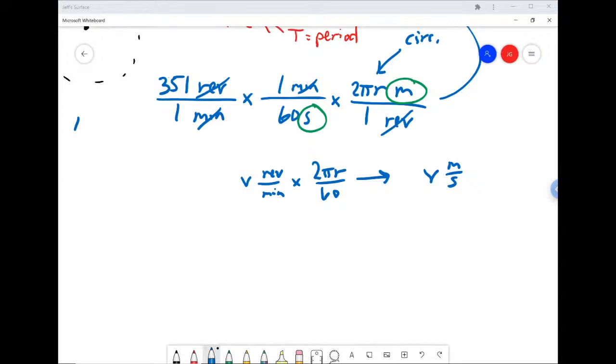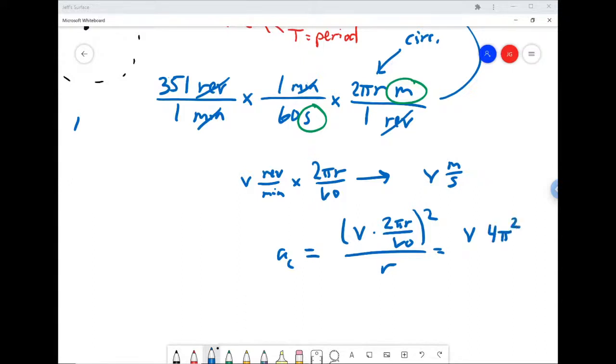So another way that we could have approached this is we could just say, well, the centripetal acceleration is RV times 2 pi r over 60 squared over r, which will simplify to V 4 pi squared r over 60.